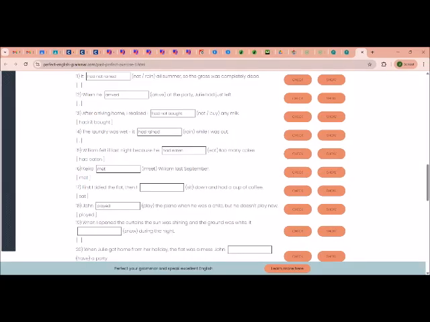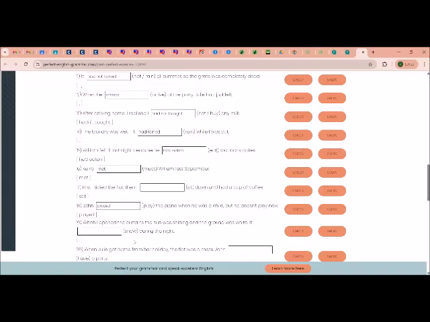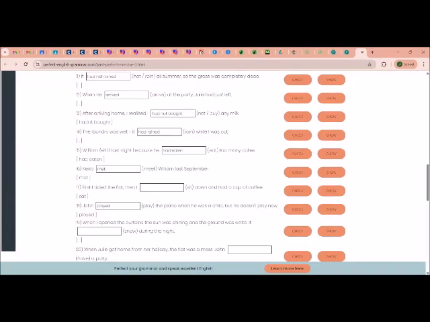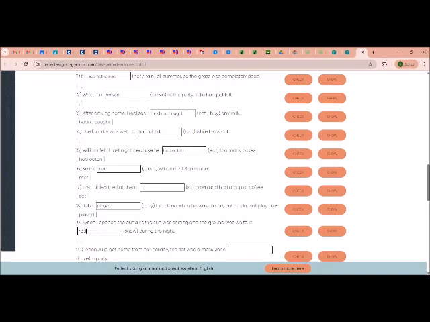So he played the piano, that was an old habit, now he doesn't. Wow. When I opened the curtains, the sun was shining and the ground was white. It had snowed during the night. Exactly. All night long. Snowy, snowy, snowy. Come on, guys, drop your examples in the chat.